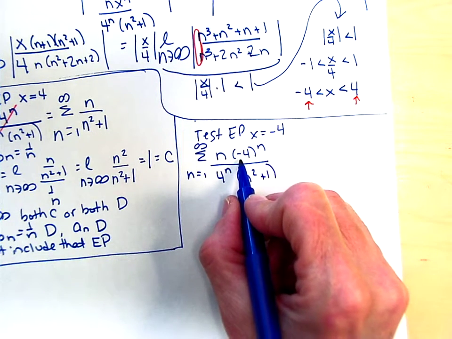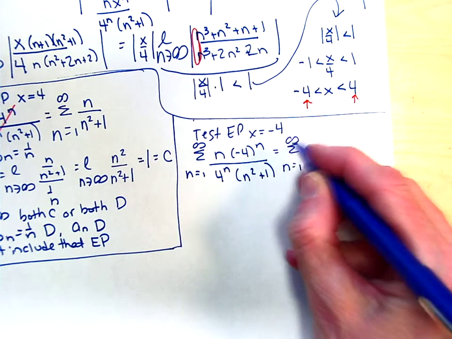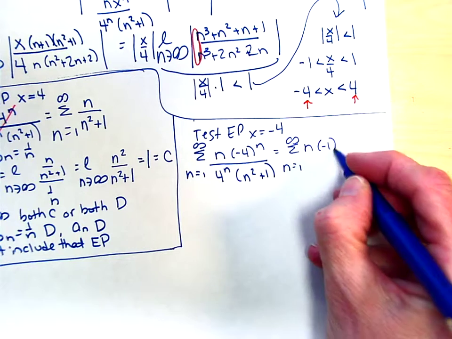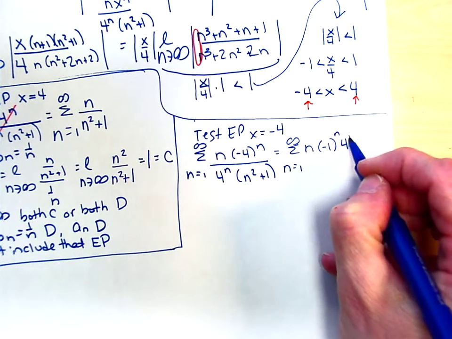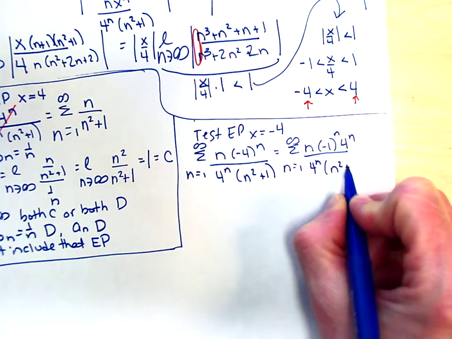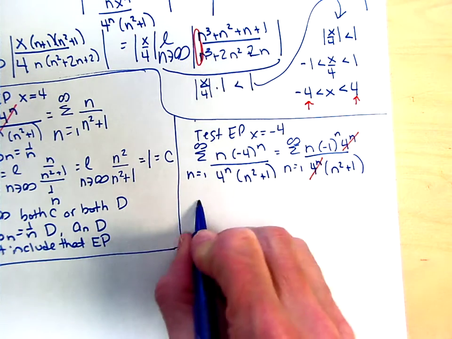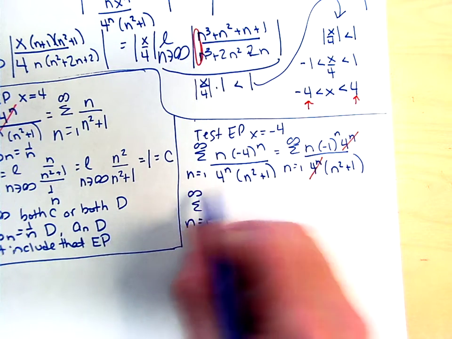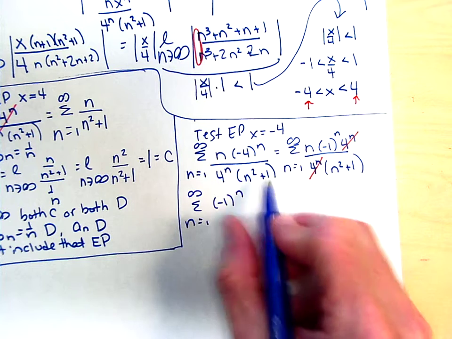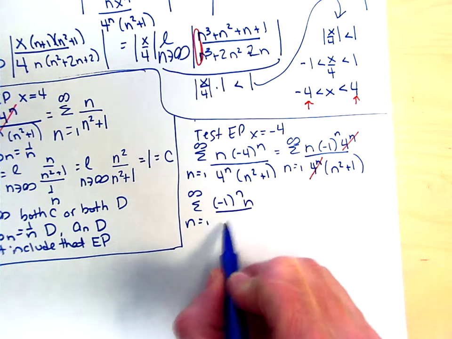Now we have a negative, so we rewrite it to isolate the term that affects the alternating: minus 1 to the n, 4 to the n, all over 4 to the n, n squared plus 1. Just like the other endpoint, those cancel. So the sum from n equals 1 to infinity of minus 1 to the n, n over n squared plus 1.